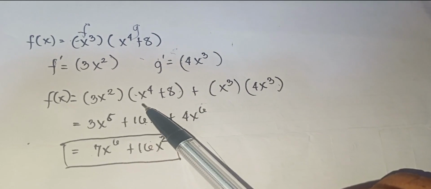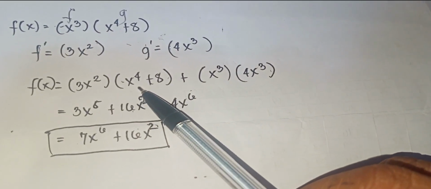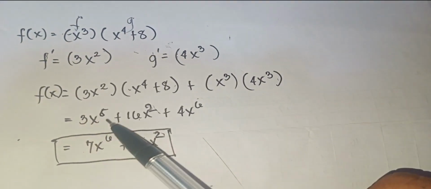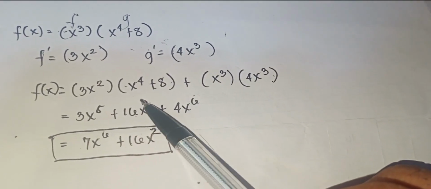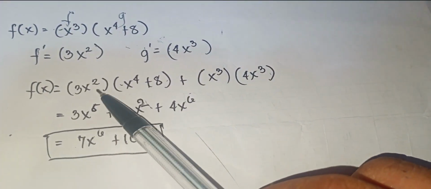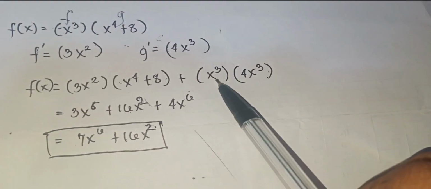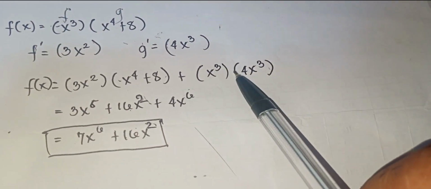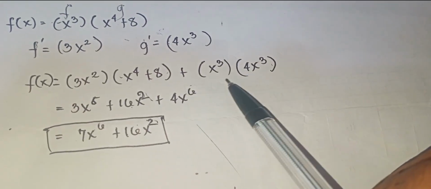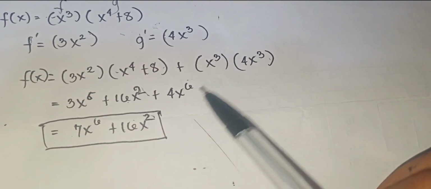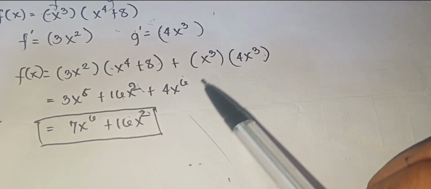3x to the power of 2 multiplied by x to the power of 4 is 3x to the power of 6. Then 3x squared multiplied by 8 is 16x to the power of 2. Then x cubed multiplied by 4x to the power of 3 is 4x to the power of 6.